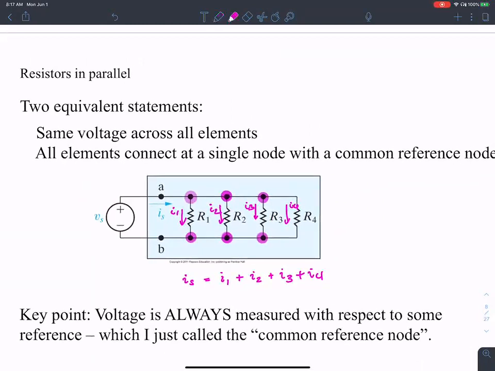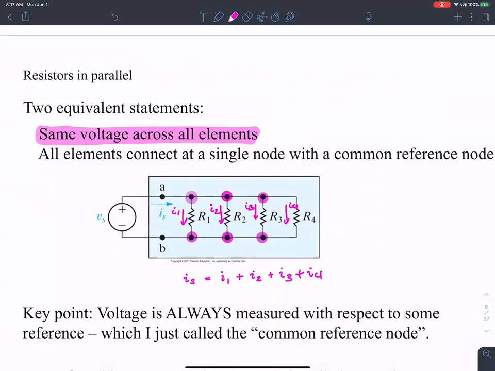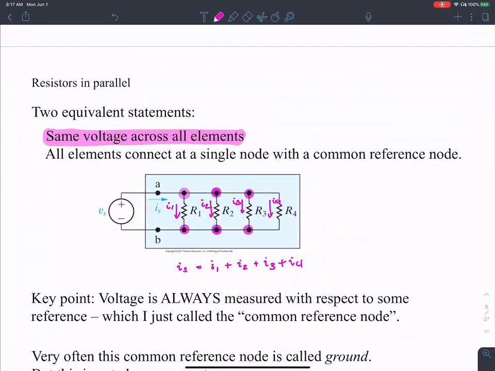The important thing to remember is that all the circuit elements, all the resistances connected in parallel, have the same voltage across them. All elements are connected to a single node with a common reference node. One of these can be thought of as a reference node. All the resistances R1, R2, R3 and R4 are connected to a single node.